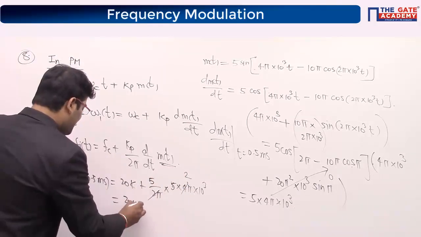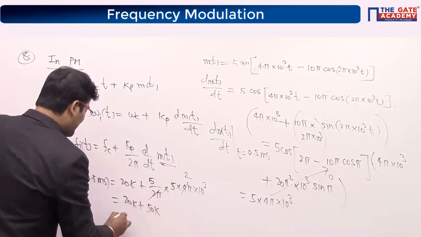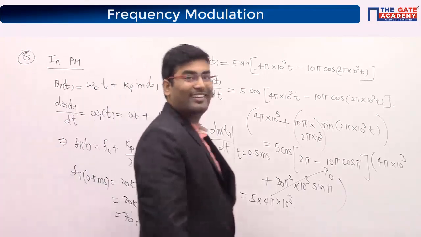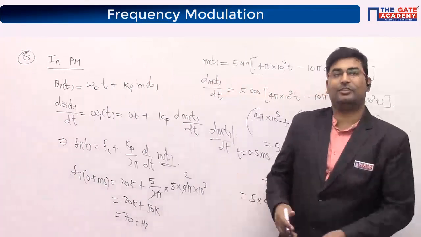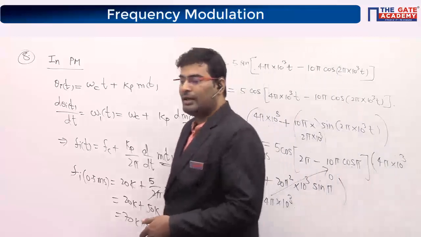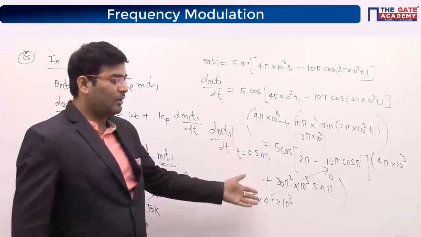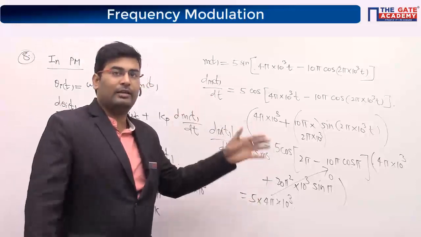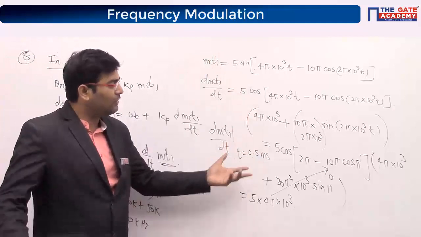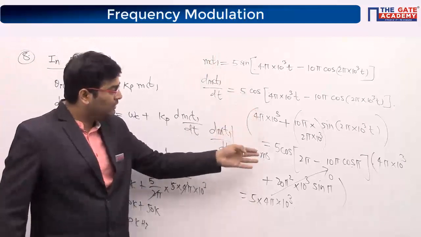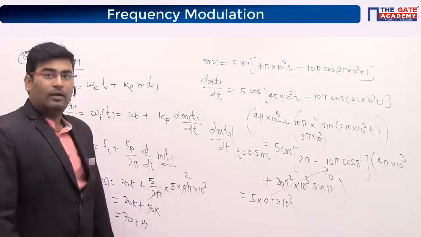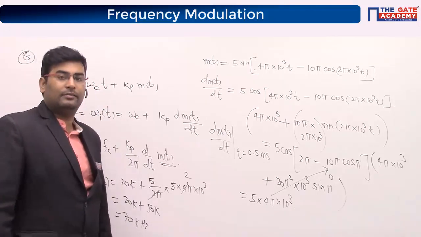So 20k plus 50k equal to 70 kilohertz. See, I also counted. I know it's a lengthy question, so you might have to spend 3 to 5 minutes. It also took me, and trust me, I didn't remember any steps, because I always do anything impromptu. I don't recall any formula or equation. So you have seen I have done step by step like a student. Okay, good enough. Clear, guys?